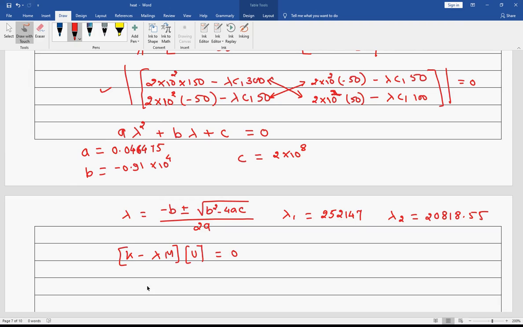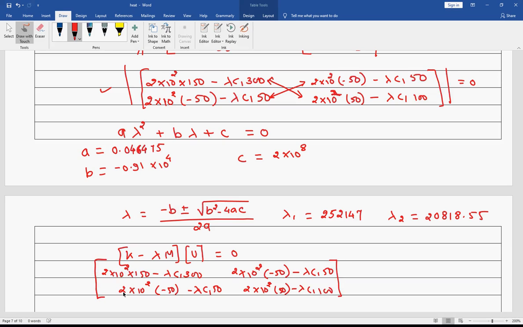This is my k minus lambda m, which I can write as it is: 2 into 10 to the power 2 into 150 minus lambda c1 300, and 2 into 10 to the power 2 minus 50 minus lambda into c1 into 50, 2 into 10 to the power 2 minus 50 minus lambda c1 into 50, and this value is 2 into 10 to the power 2, 50 minus lambda c100.